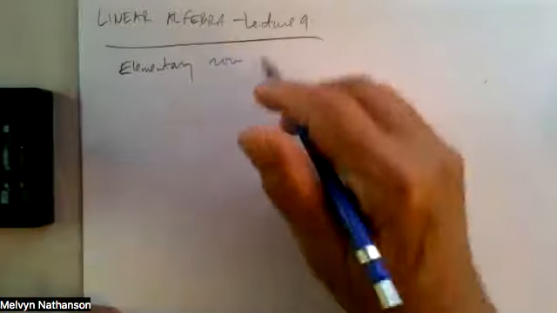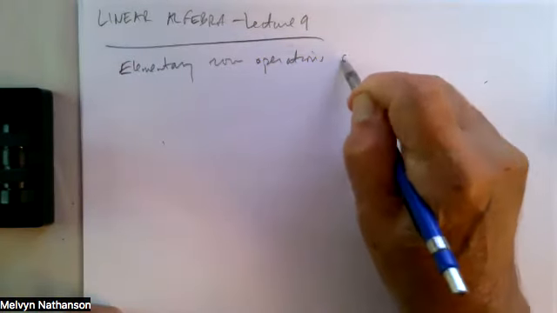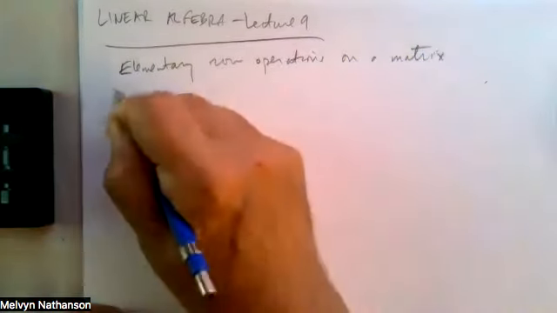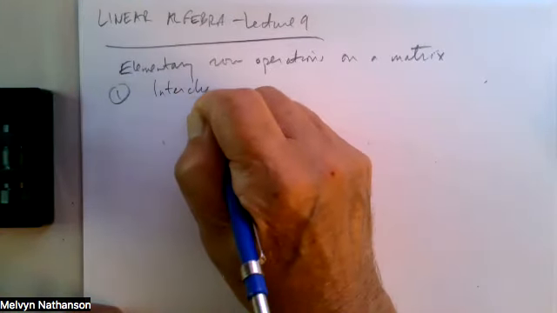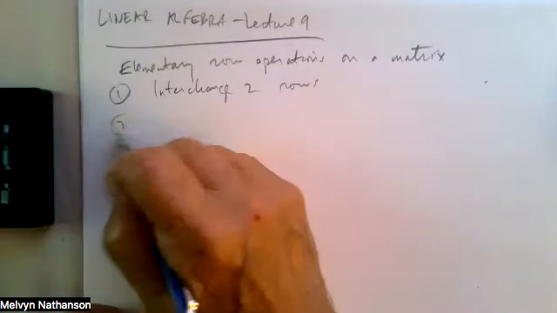Yes. The elementary row operations on a matrix. There are 3. The first is to interchange 2 rows.